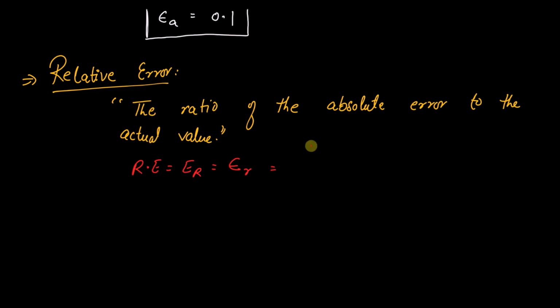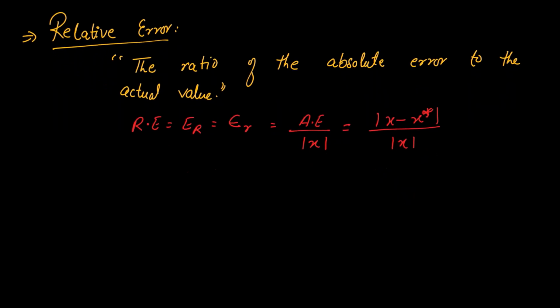So relative error is basically absolute error, A.E., divided by the mod of the actual value. In other words, you may write it like this: x minus x star over x. So basically the actual value minus the approximated value divided by your actual value.